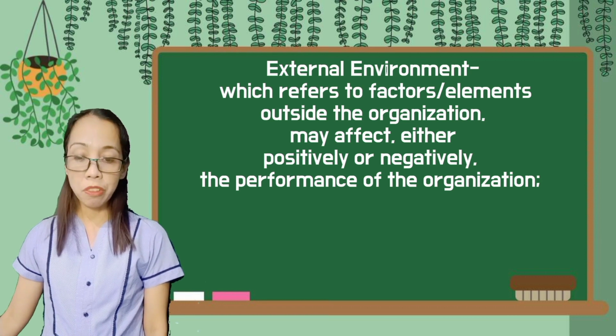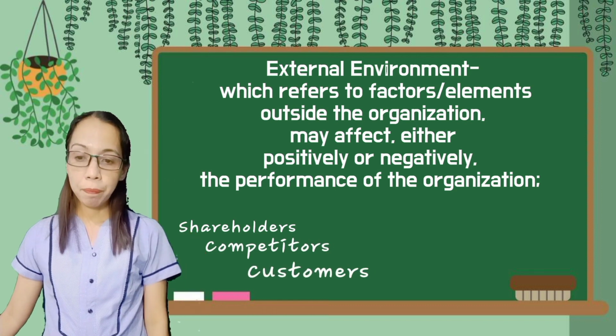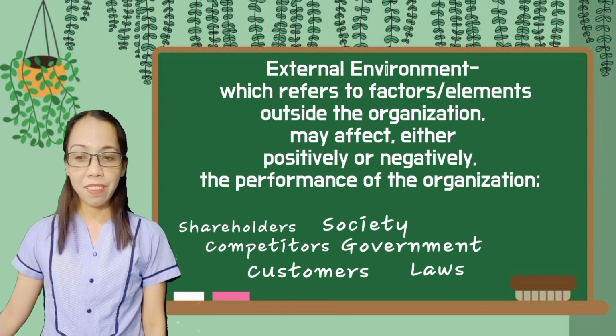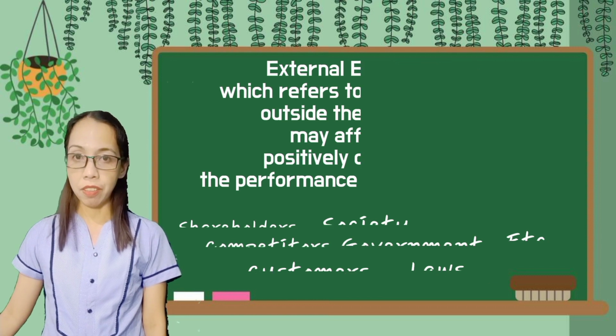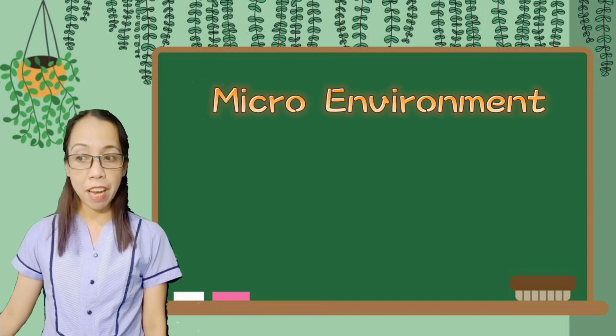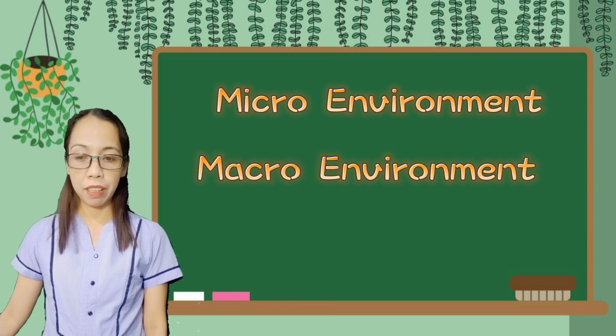It includes, of course, shareholders, competitors, customers, society, government, laws and regulations, policies, and of course, the technology. It is composed of two types: the micro environment and macro environment.